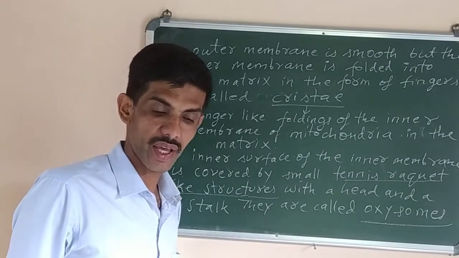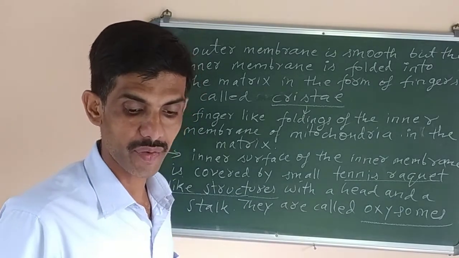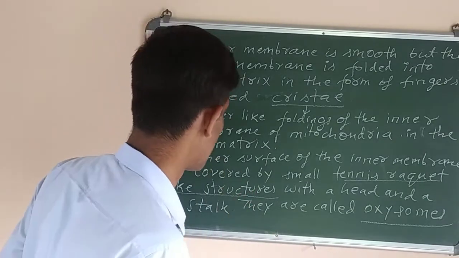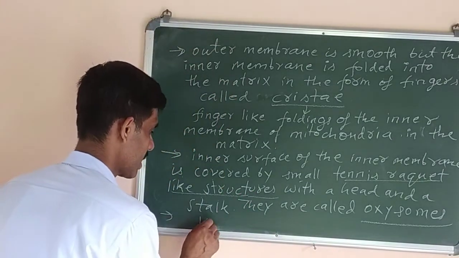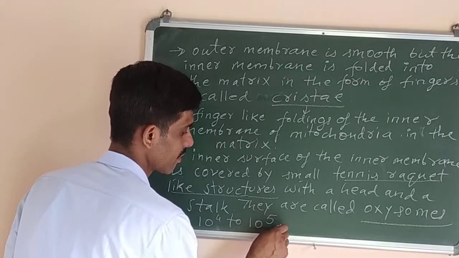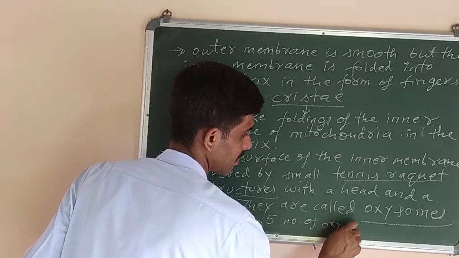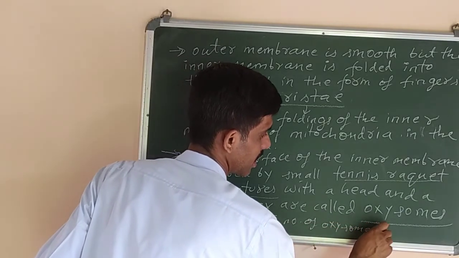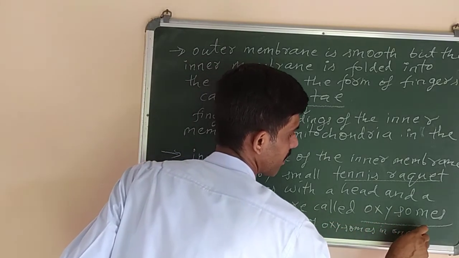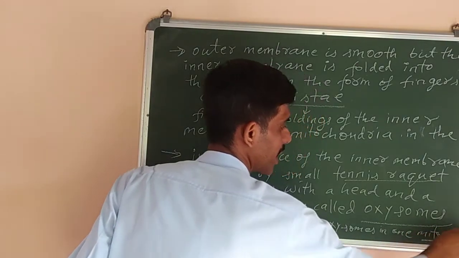There are 10 to the power 4 to 10 to the power 5 number of oxysomes in one mitochondria. I have not written the complete word, mitochondria.